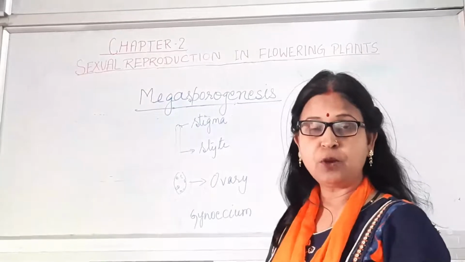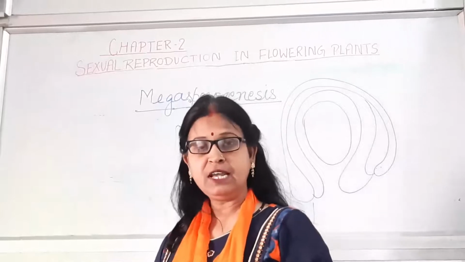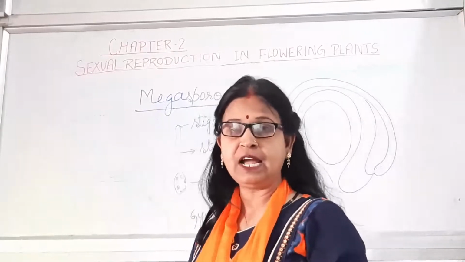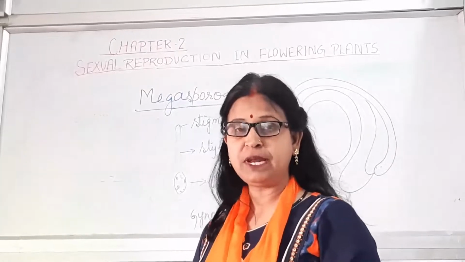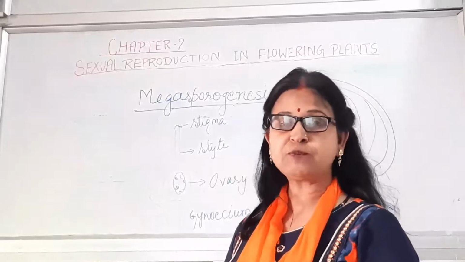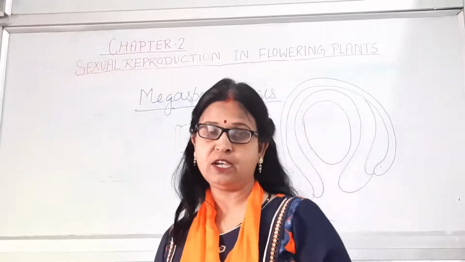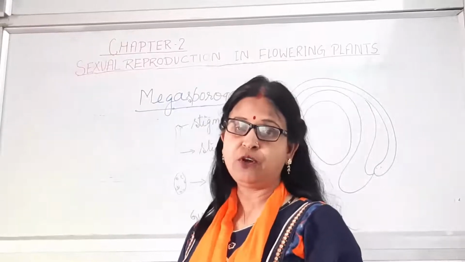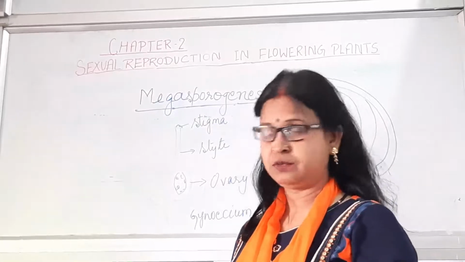Now a group, a mass of cells present inside the nucellus, will act as the cell which will give rise to the female gametophyte, the megaspore mother cell. So the megaspore mother cell originates, or is differentiated, from the nucellus of the ovule.